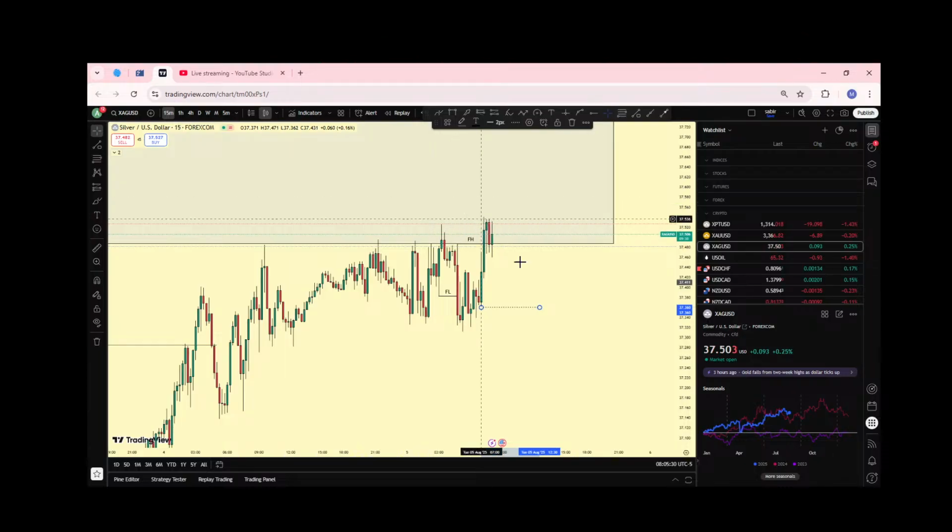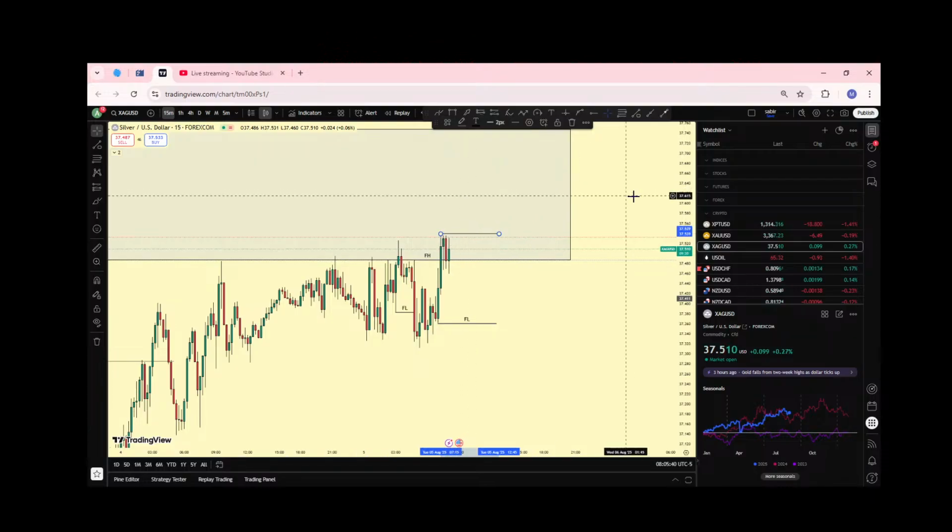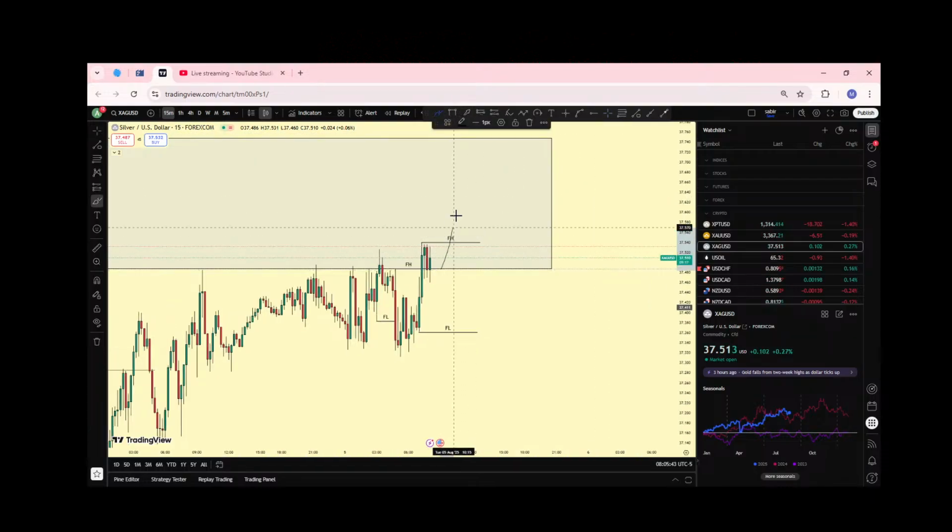Let's take this as a fractal low. Okay, so now at the moment, this is your fractal low, and this over here is your fractal high. Once we break this fractal high, the fractal low becomes this point.